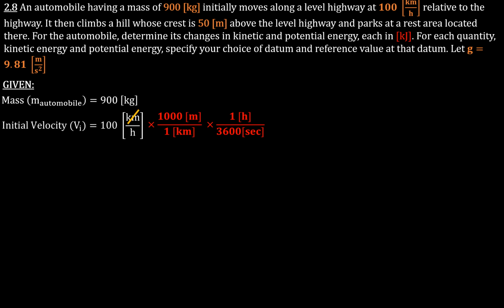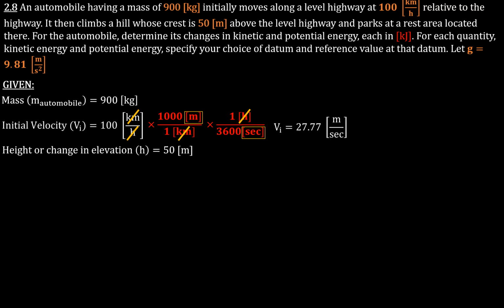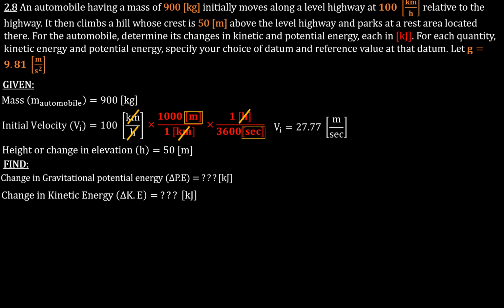So here a kilometer will cancel with a kilometer, an hour will cancel with an hour, so we will be left with meters per second, and the value will be 27.77 meters per second. The height, or change in elevation, h, is 50 meters. What do we need to find here? We need to find the change in gravitational potential energy in kilojoules and the change in kinetic energy in kilojoules.